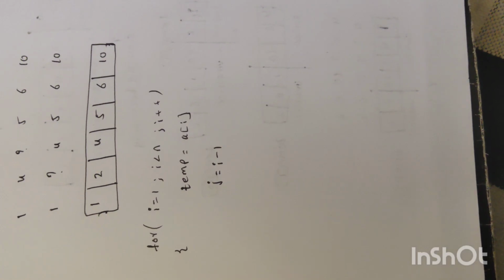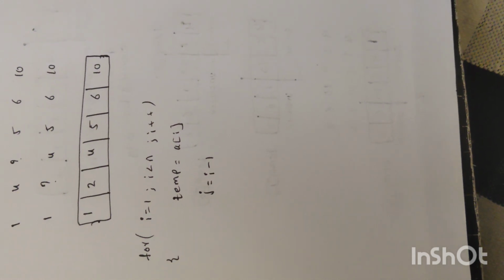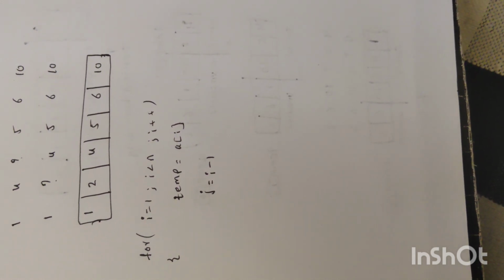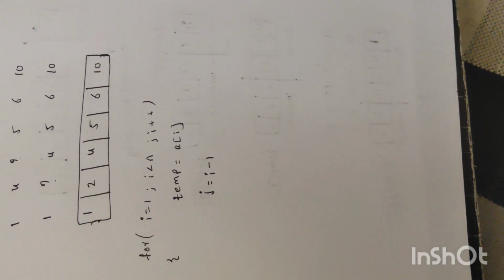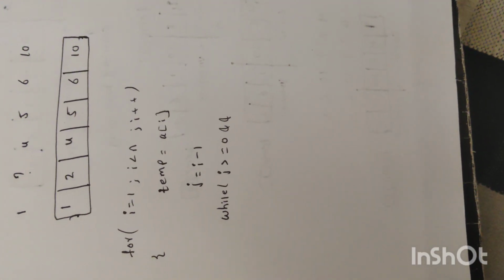Now we will start the loop for this j, for the comparison. We compare all these values with the temp variable till we reach 0. Now we will write another loop: while j is greater than or equal to 0, greater than or equal to index 0.